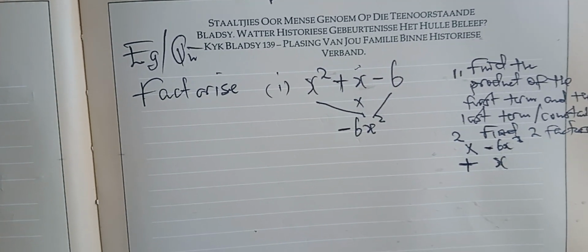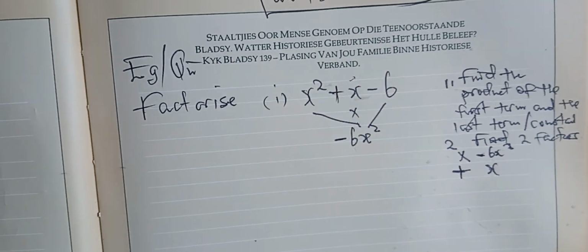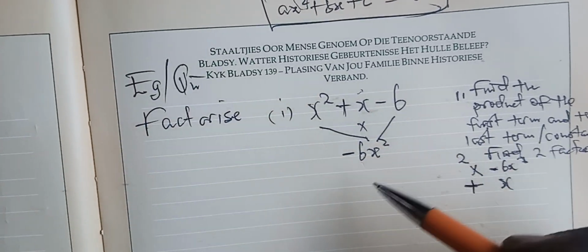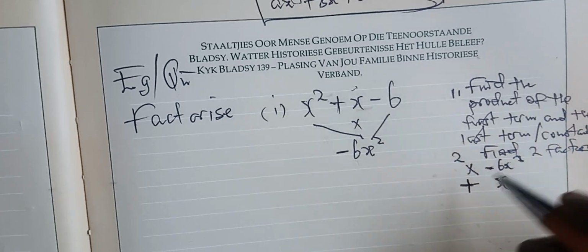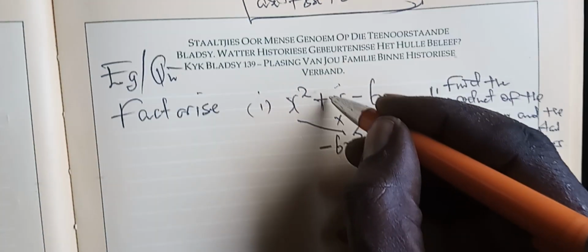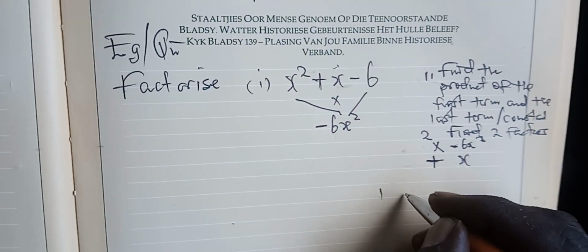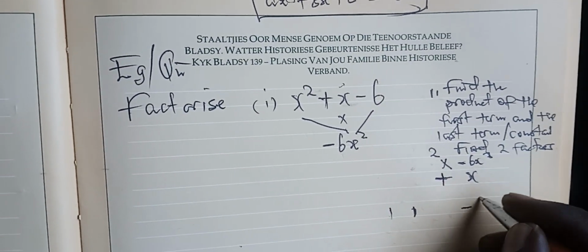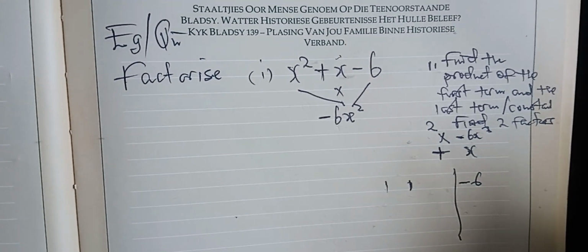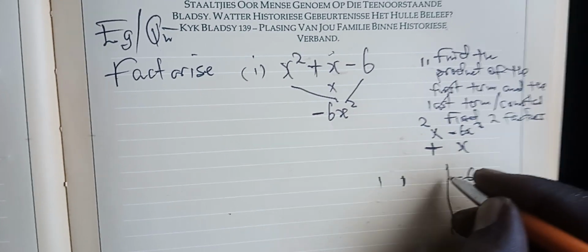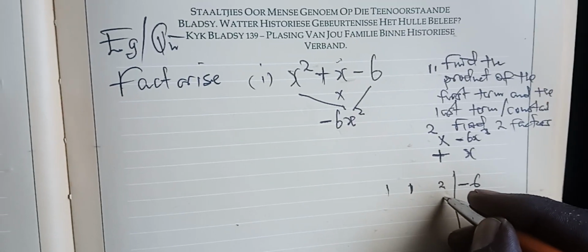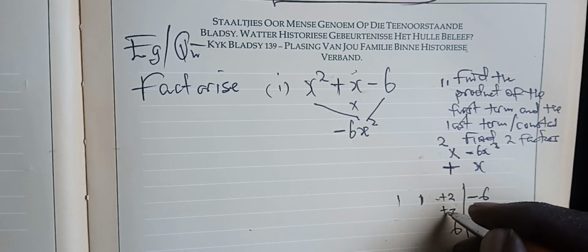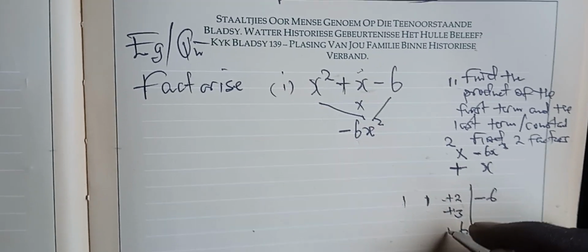And the simplest way to find these factors is to list the factors of the existing terms. So the middle term here, it's more like we've got 1x, so the factor is going to be 1. And for negative 6, the factors of 6 are going to be 2, 3, and 6, positive or negative.